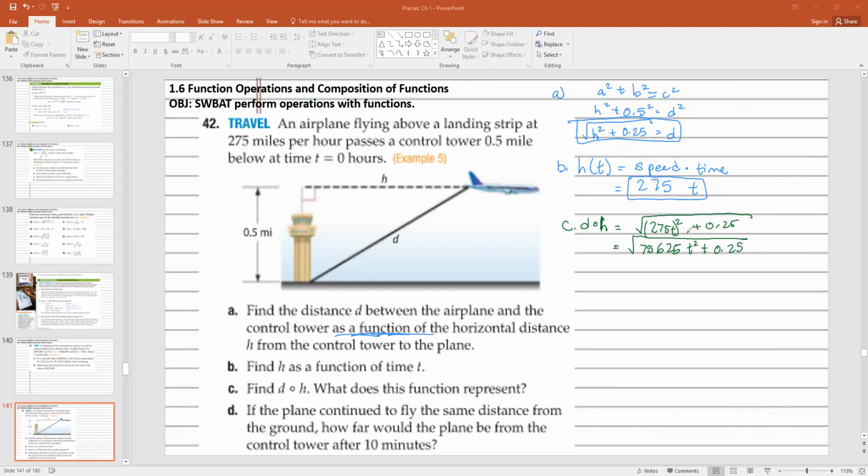This represents the distance of the plane from the control tower as a function of time. That's it.